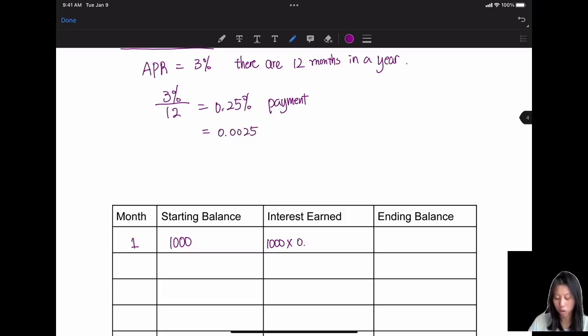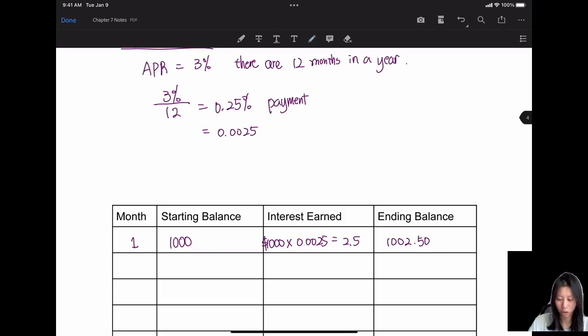So I would use 1,000 times 0.0025. You will earn $2.50. So what's your ending balance after the first month? You should have the starting balance plus the interest, which is $1,002.50.